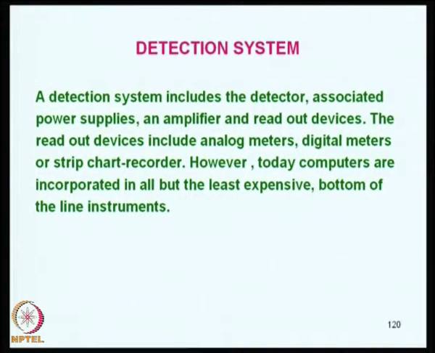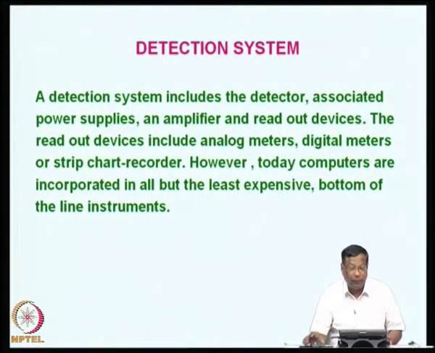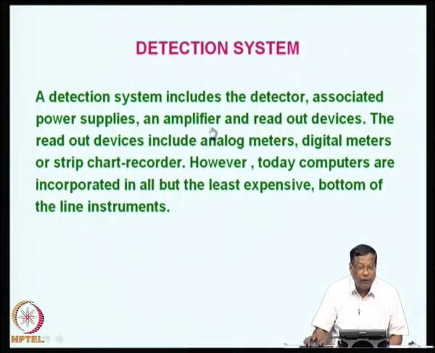So, what I would like you to remember in this slide is to look through the requirements for the detection system: most detection systems have to be a set of electronics along with the photomultiplier tubes.